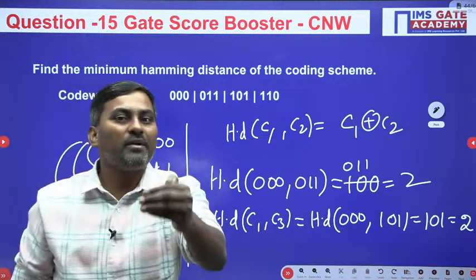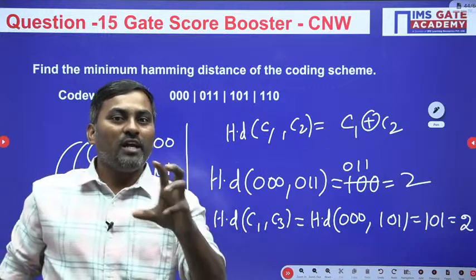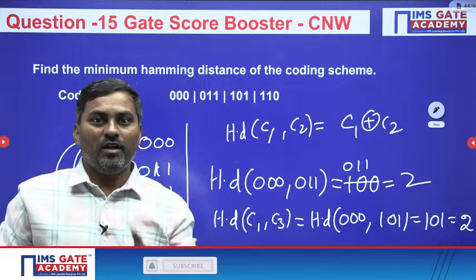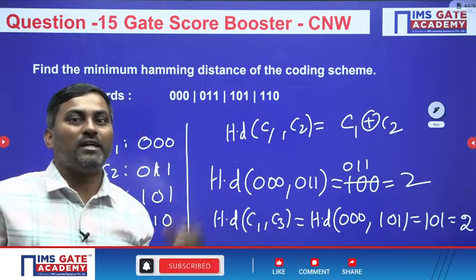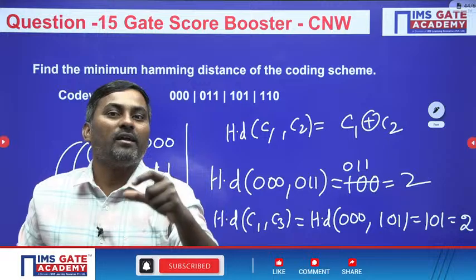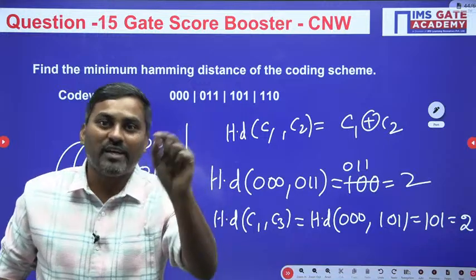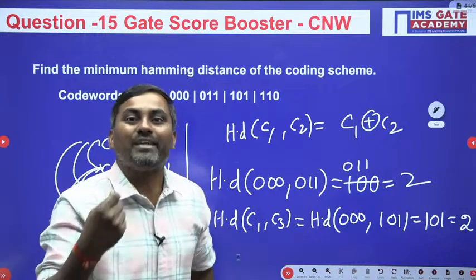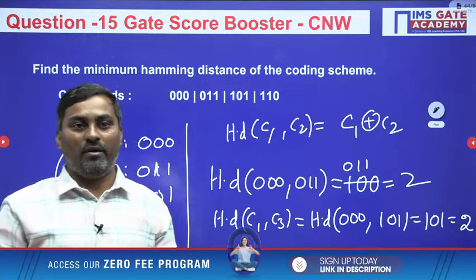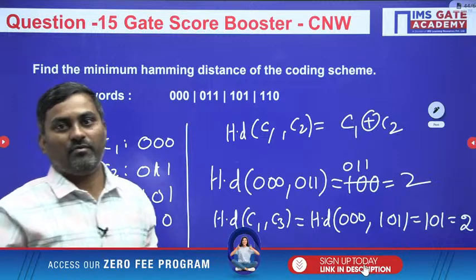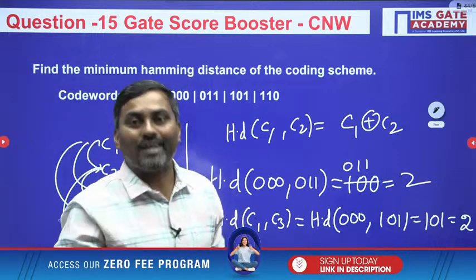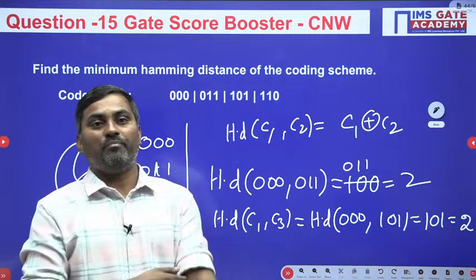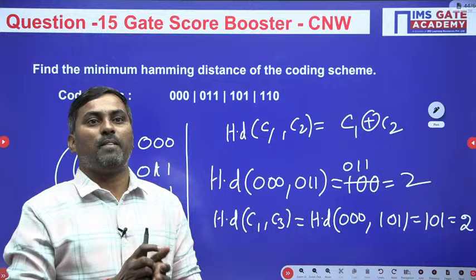So with minimum Hamming distance 2, how many bit errors can this code detect? 1 bit error only, right? Now my question to you: if I want to correct 1 bit error, what is the minimum Hamming distance required between any valid codes?